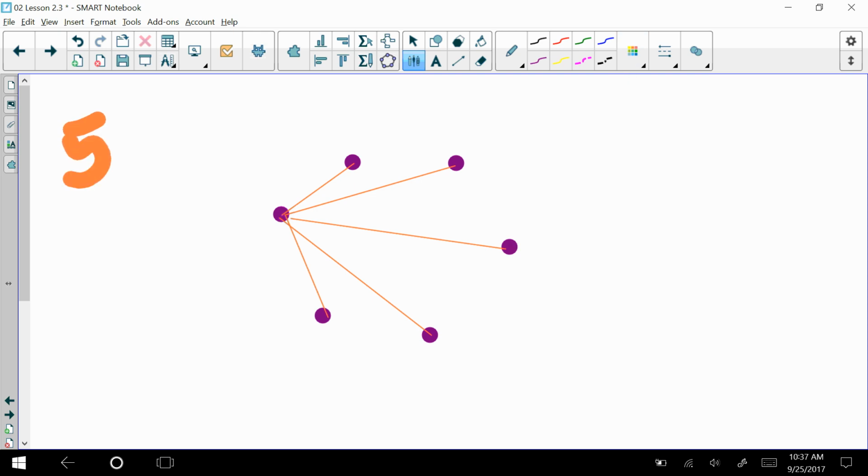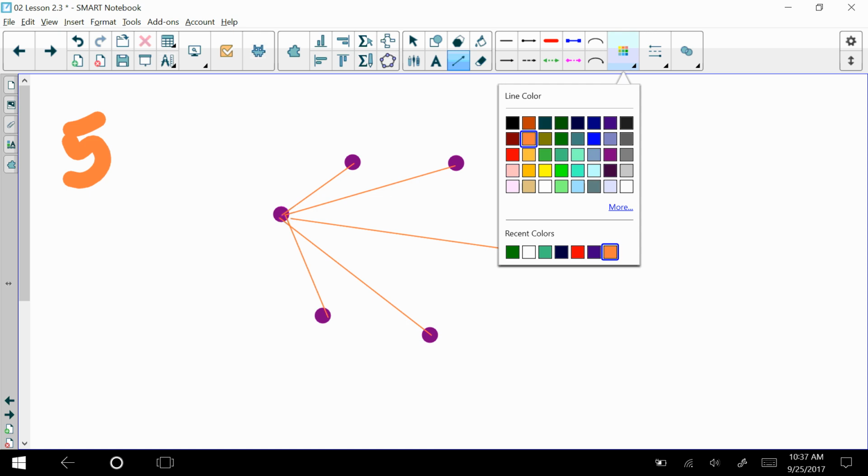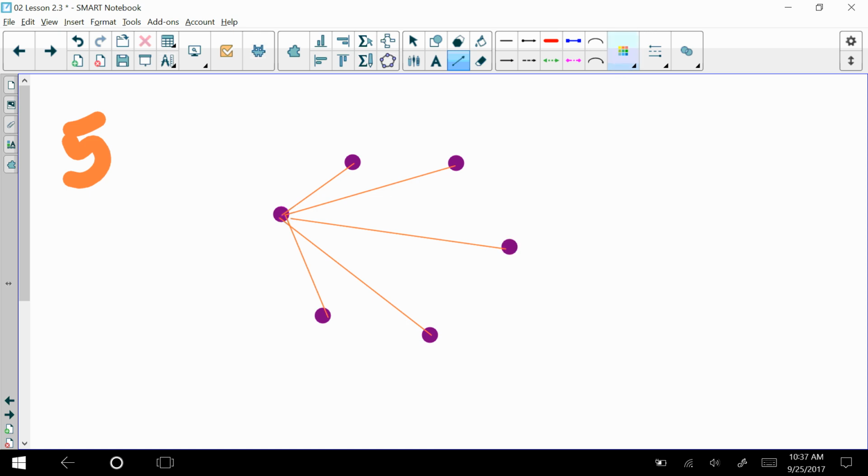So we have 5 orange lines. From the second point, we already have this first line, so we're not going to do that one again. 1, 2, 3, 4.